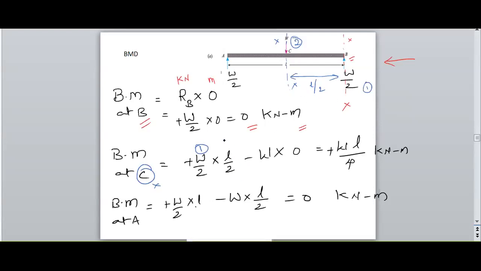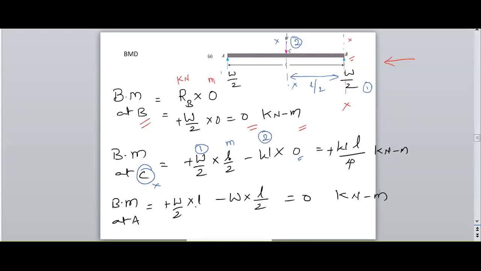Therefore, this is the distance for the first force. And the second force is W. It has no perpendicular distance because it is passing through C. Therefore, it is 0.